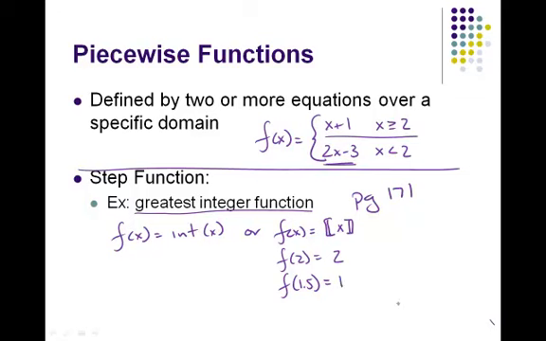That would be 1. What would f of 2.3 be? Again, the greatest integer that is less than or equal to this would be 2. And if you look at the graph on page 171, you'll see how this is graphed. Okay? So that's called the step function or the greatest integer function.